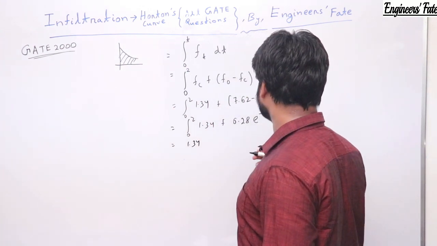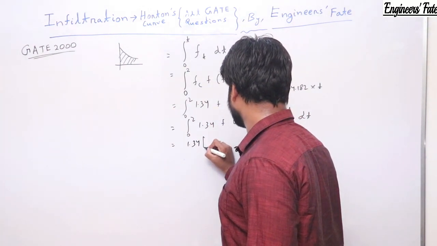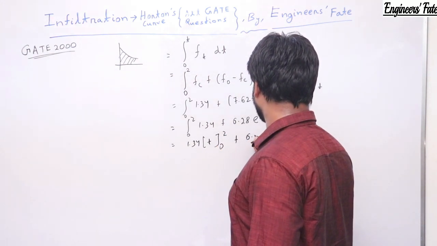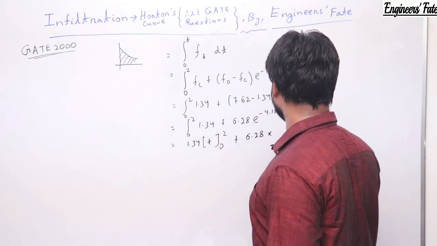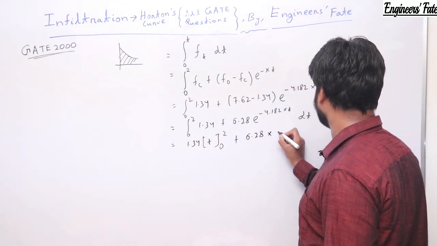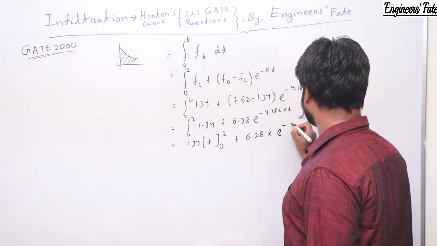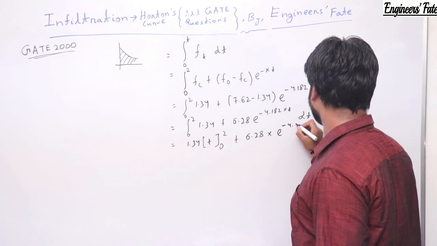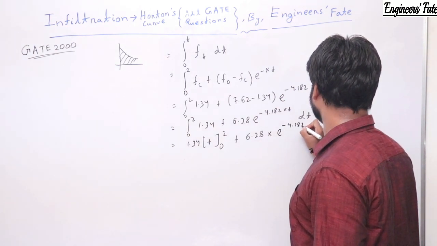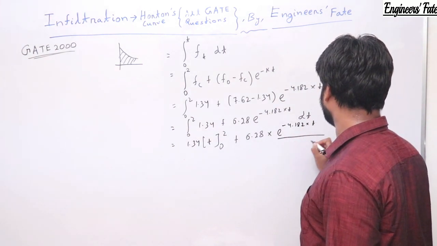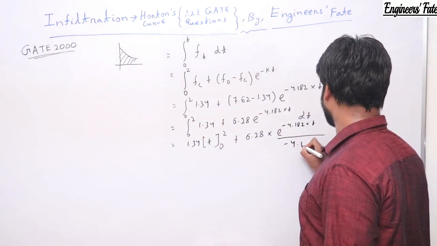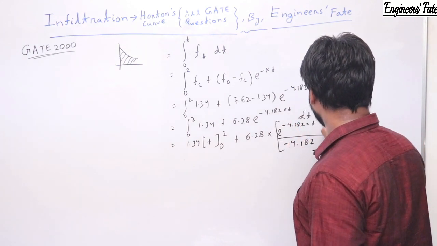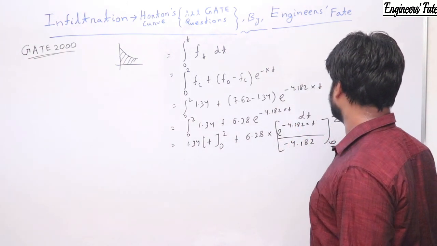1.34. So integration of dt equal to t, and the limits are 0 to 2, plus 6.28 into integration of e to the power x is e to the power x, and if a constant is multiplied in the exponent, in the integration it will become like this, divided by minus 4.182, and this will be from 0 to 2.